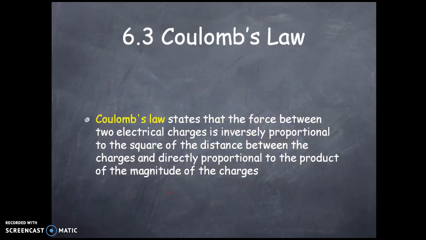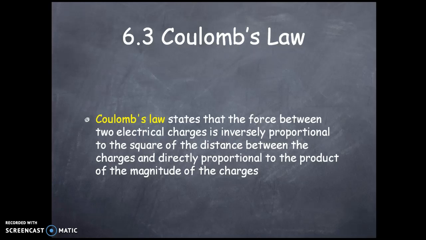Coulomb's law. Coulomb's law states that the force between two electrical charges is inversely proportional to the square of the distance between the charges and directly proportional to the product of the magnitudes of the charges. So let's say we have two charges, Q1 and Q2. The attraction force or the repulsion force between them is proportional to the product of those two charges, which is Q1 times Q2.